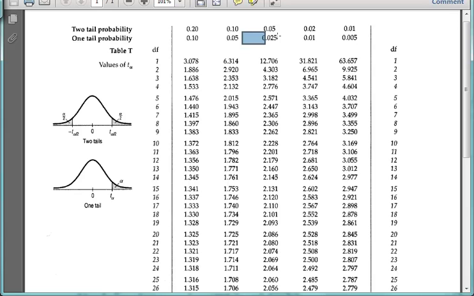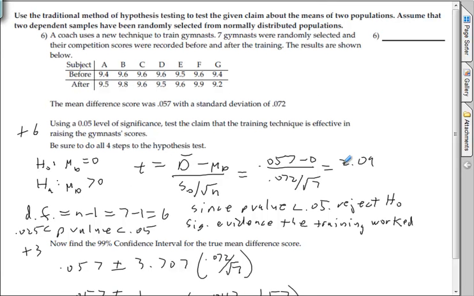If we made it one-tailed. And I was a little more particular on that because it raised the gym scores. And so, since it's less than 0.05, you reject the null because the p-value is between 0.05 and 0.025. Significant evidence the training worked.